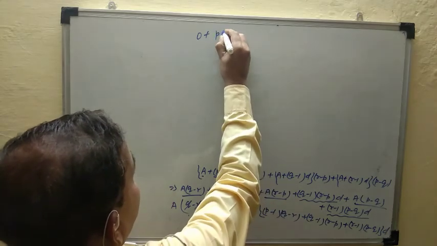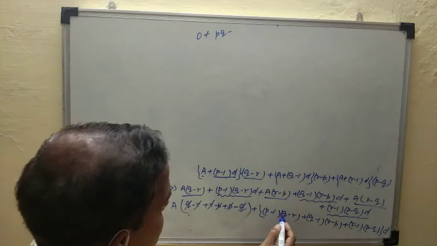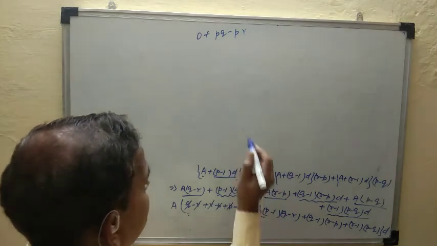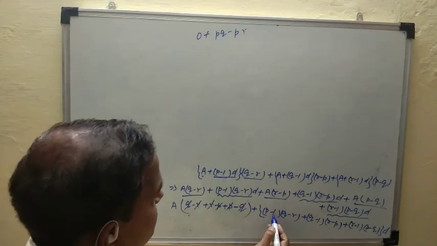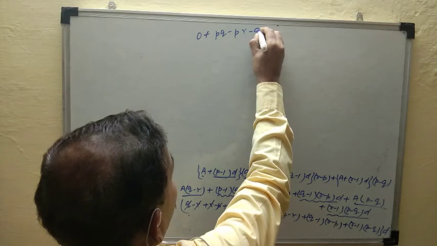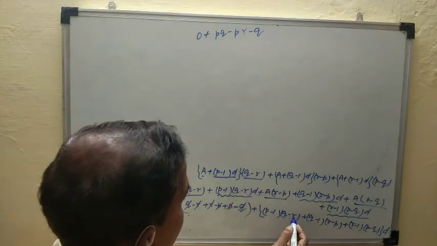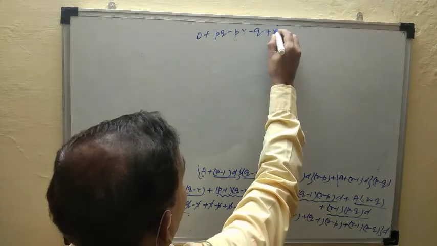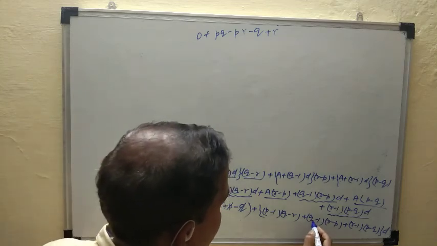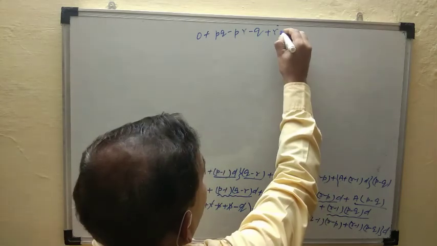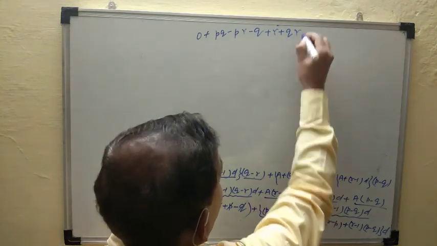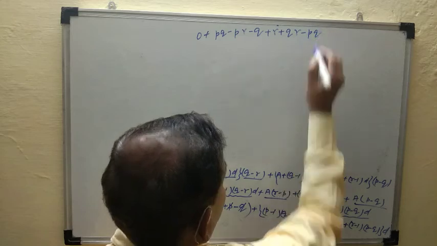So first P into Q, PQ, and P into R, that is PR. Now multiply minus 1. So minus 1 into Q, that is minus Q, and minus into minus, that is plus R. Similarly open this bracket. So Q into R, that is plus QR, and Q into P minus P, that is minus PQ.